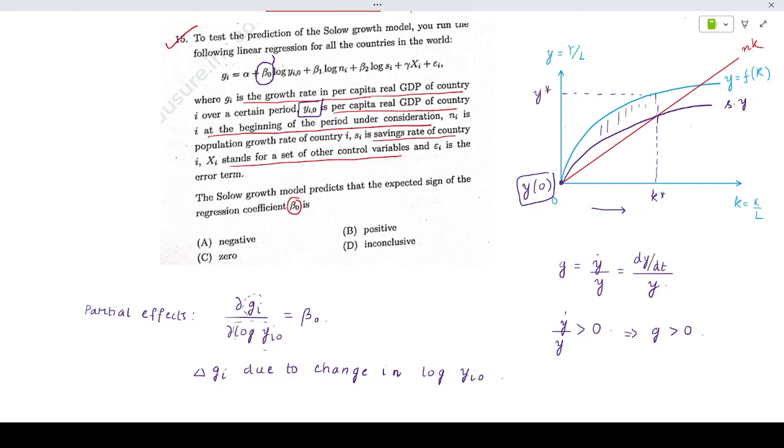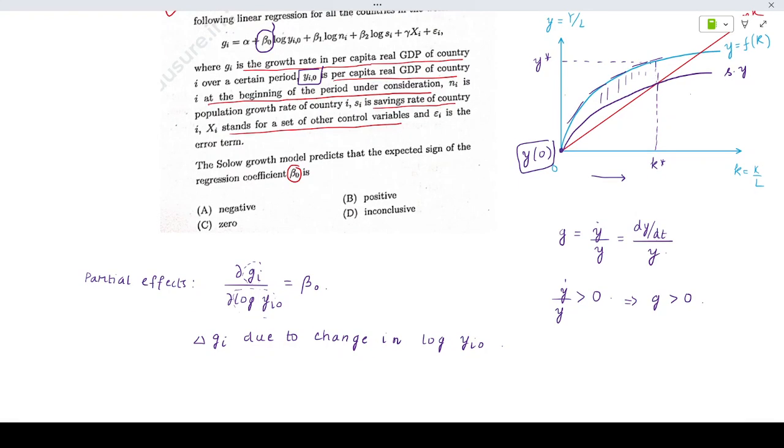From the figure, when we reach the steady state from the initial value y naught, it is a phase where y dot by y should be positive because we have to reach the steady state. Now, given that the production function is concave, the rate of growth will fall.